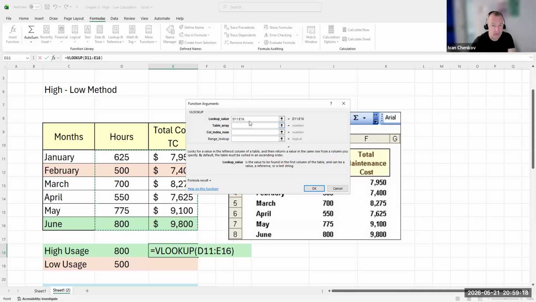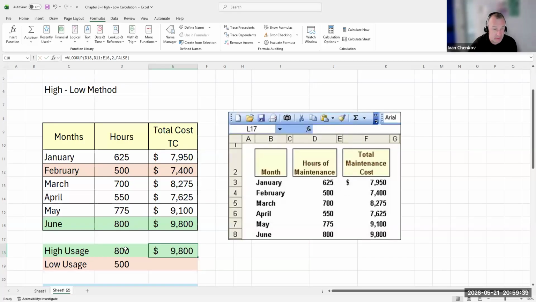Once you find the value in the first column, I want you to take the information from the second column, if it's not false. And once the formula finds 800 here, it brings the cost for that particular line. Same thing with this one.